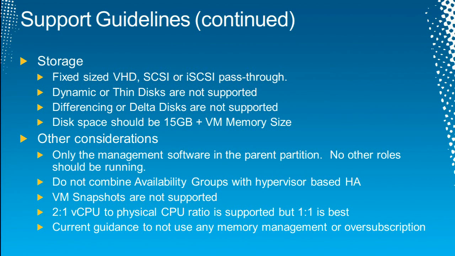Now, when it says do not combine availability groups with hypervisor-based HA, that's for 2010. For Service Pack 1, we do support that. And that was a key note to make. Gone is that choice you had to make, where you've got a Hyper-V cluster up to 16 nodes and you want to cluster Exchange at the Exchange level as well. You don't have to choose one over the other now.